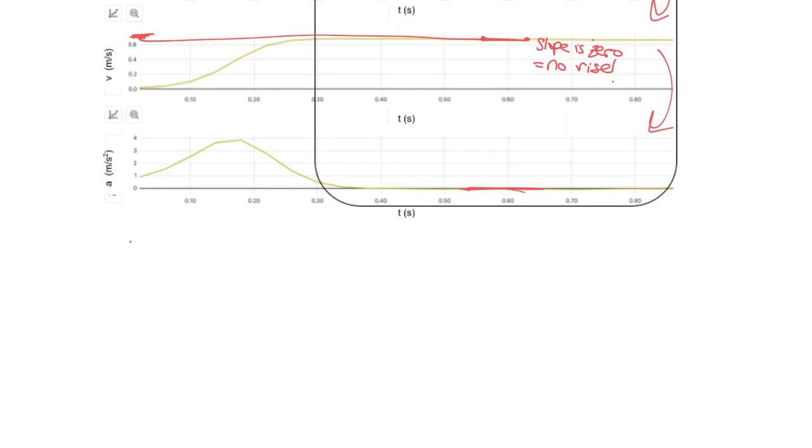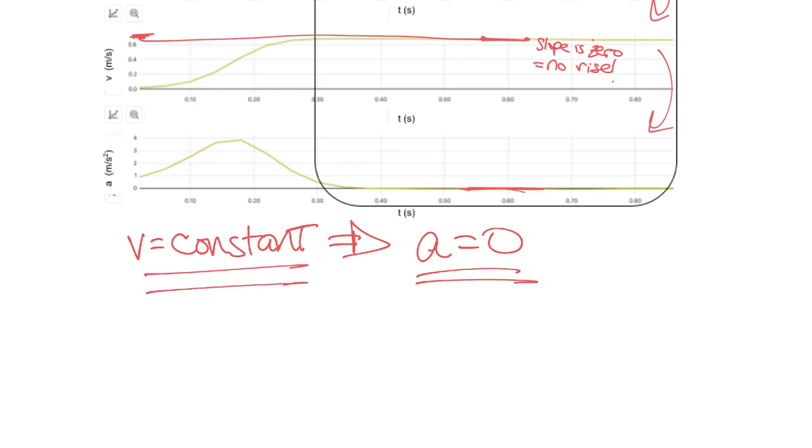So I'll just write a couple things that I said. So when v is constant, this means that acceleration is 0. This is a really, really important thing. Put underlines, put it in a box, okay? Because at some point we're going to do other problems where we're describing something and it says that the velocity is constant.